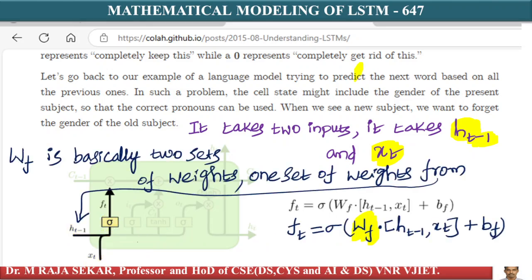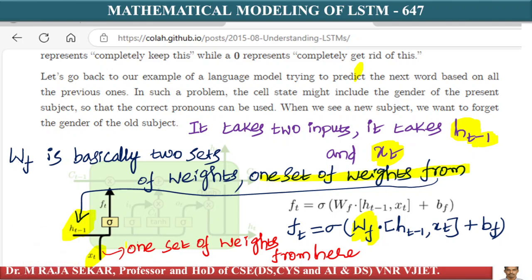Ft is sigmoid of Wf. What is this Wf? Wf is basically two sets of weights. One set of weights from here, and another set of weights from here.